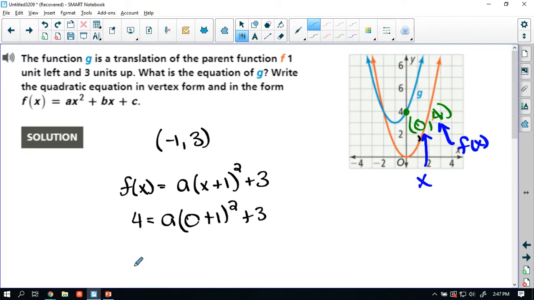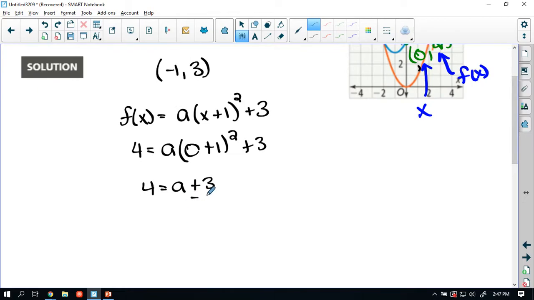All right, so 4 is equal to a. 0 plus 1 is 1. 1 squared is 1. So that's going to be 1 times a, or a, plus 3. Now I'm going to get my constants to one side of the equation and my linear variable to the right. And this only works if your a has no powers.